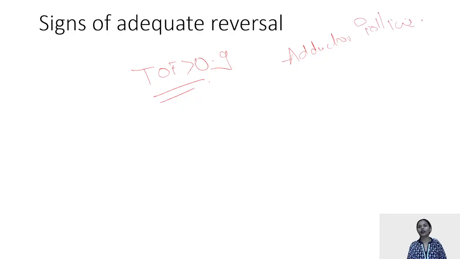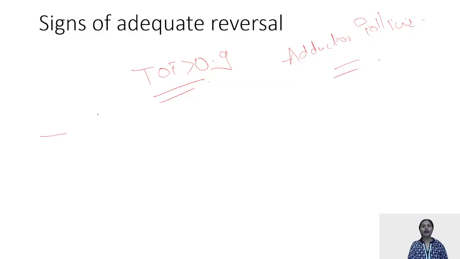Signs of adequate reversal, just a quick recapitulation of our previous class. If you all remember, it is TOF more than 0.9, and the muscle is the adductor pollicis or the ulnar nerve that has to be checked.